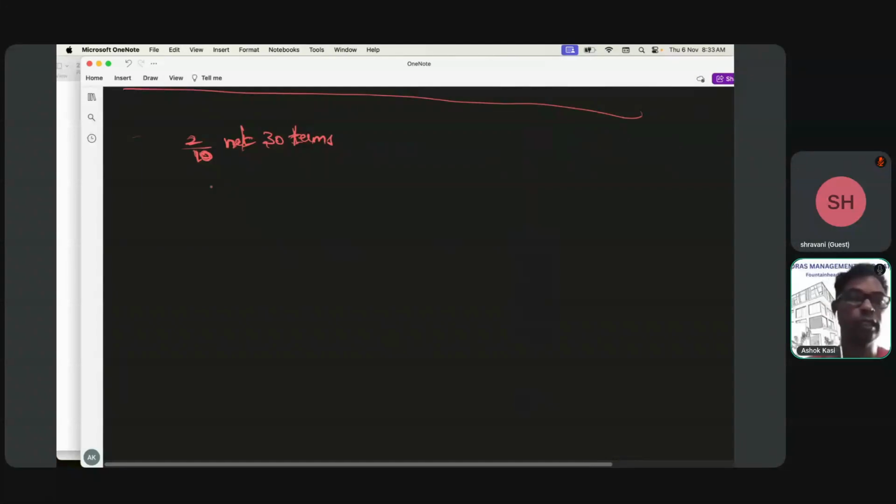That means you have purchased on credit basis.